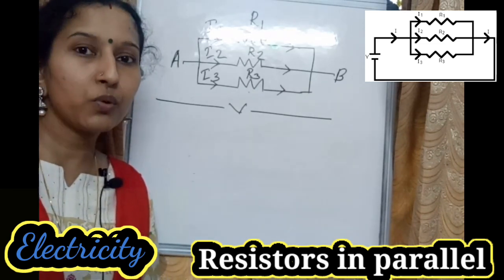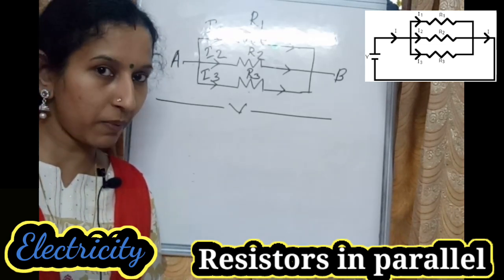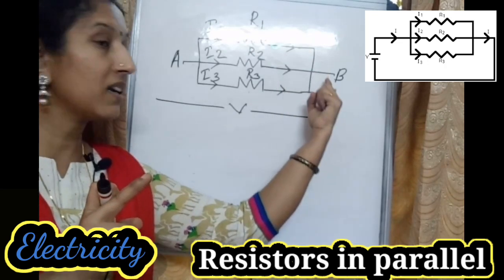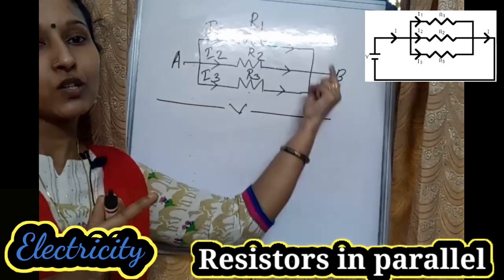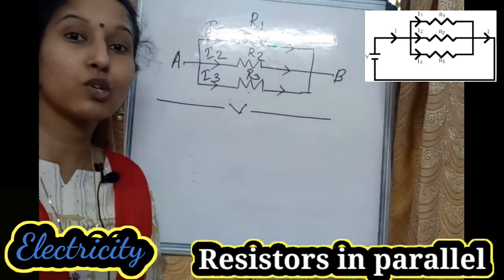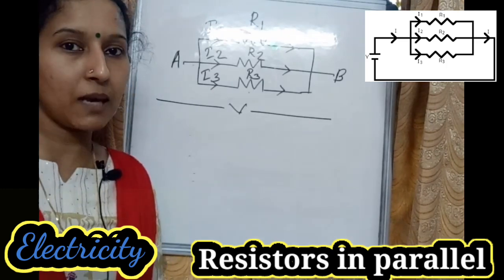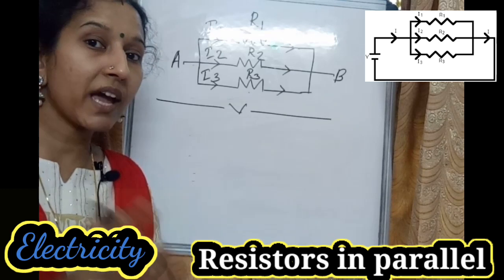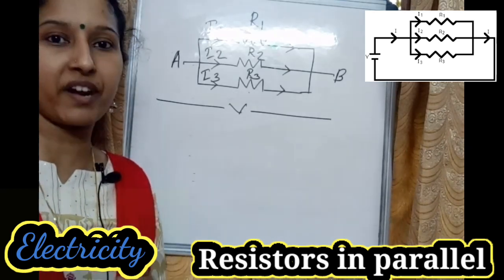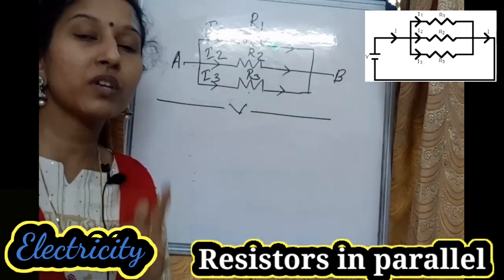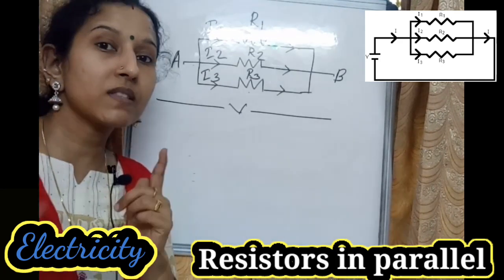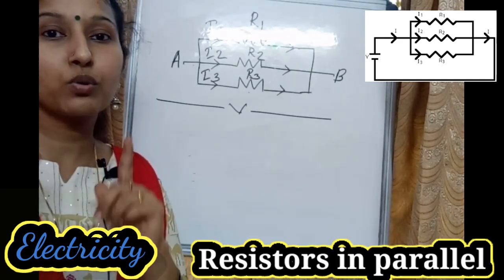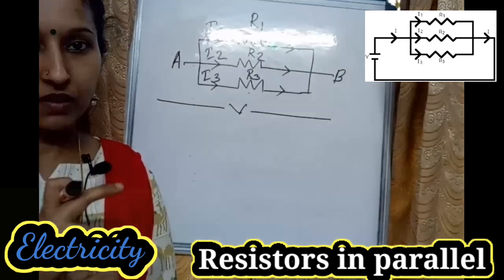So R1, R2 and R3 are the resistors connected in parallel because one end of each is connected to one point and the other end is connected to another point, so that the potential difference across each resistor is same. If the potential difference is same, which indirectly tells you that I is different. So I1, I2 and I3 are the currents through R1, R2 and R3.